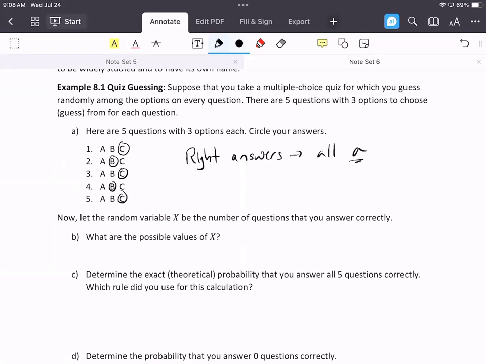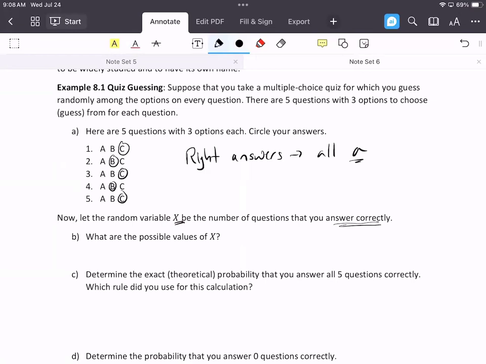Well, now we're going to let the random variable X be the number of questions that you answer correctly. So you either get one correct or you get one incorrect. Why is X a discrete random variable? Well, the outcomes are numbers, where in this case, it's the number of questions you answer correctly. And we can list out all possible values of the outcomes.